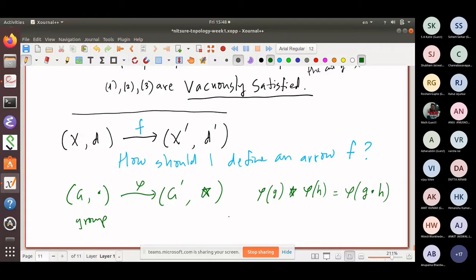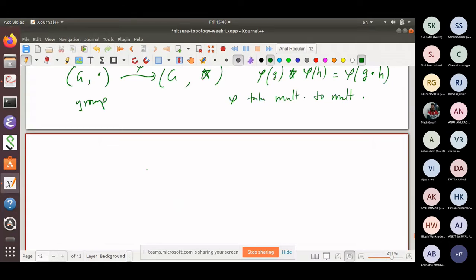So phi preserves, phi takes multiplication to multiplication. So with this inspiration, you will be perfectly justified if you say that. So that will be definition one.